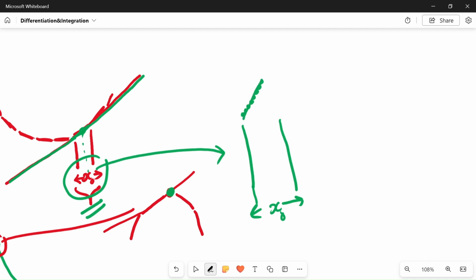Then there'll be a straight line passing through all of these points.